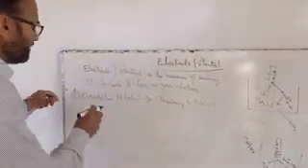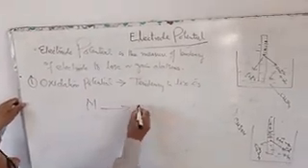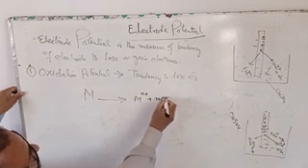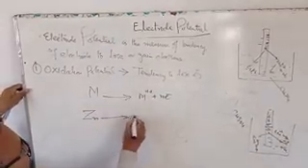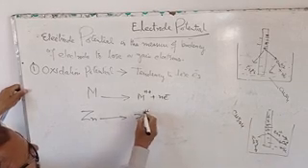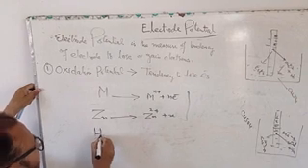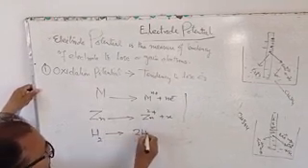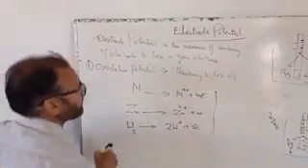For example, if it is a metal, it gives M^n+ plus n electrons. If it is a zinc electrode, zinc has the tendency to lose electrons, it gives Zn^2+ plus 2 electrons. This is the oxidation potential. For example, hydrogen gives 2H+ plus 2 electrons. So this is the oxidation potential.